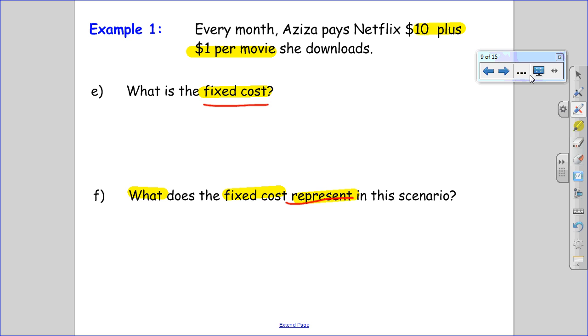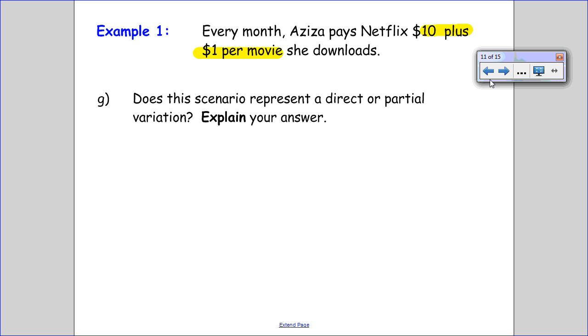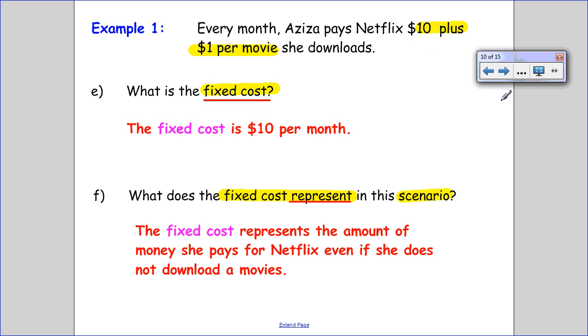So I have to think about, how much money am I going to pay if I don't download any movies? Well, that's right here. I'm going to pay $10, even if I download nothing. And what does that represent? It's the amount of money she pays for Netflix, even if she does not download a movie.